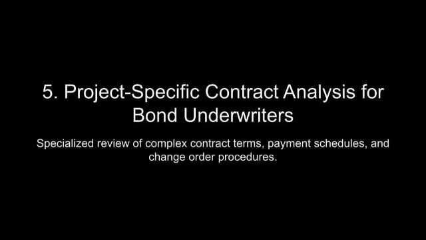From an underwriting perspective, analyzing contractual indemnity terms for alignment with surety criteria involves several key considerations. First, underwriters must evaluate whether the indemnity obligations are proportionate to the contractor's financial capacity and risk management capabilities. Excessive indemnity burdens can strain a contractor's resources, increasing the likelihood of defaults and bond claims.